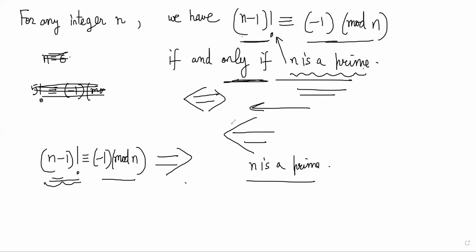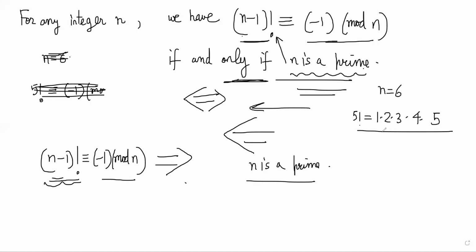If n is composite, what happens to (n minus 1) factorial? Let's think about that. If n is 6, so 5 factorial, it is 1 into 2 into 3 into 4 into 5. Now mod 6, this is actually coming out to be 0 mod 6.